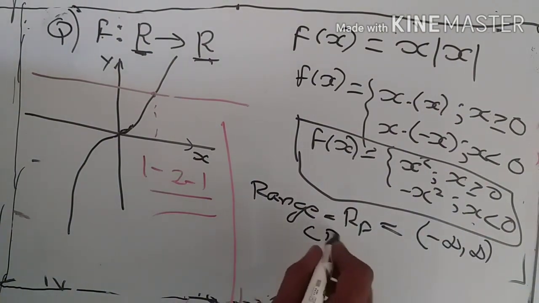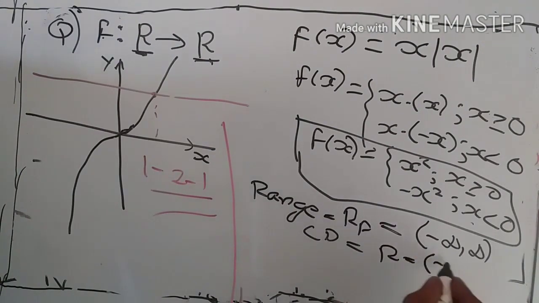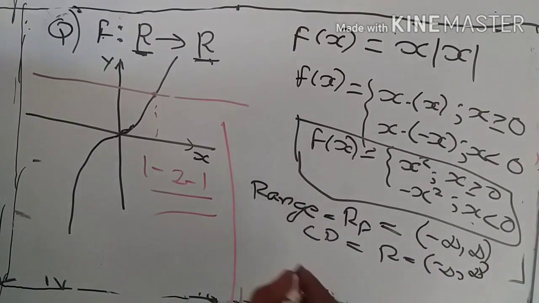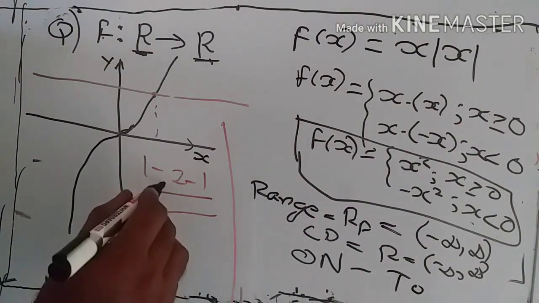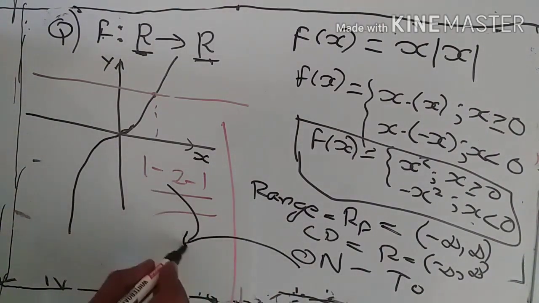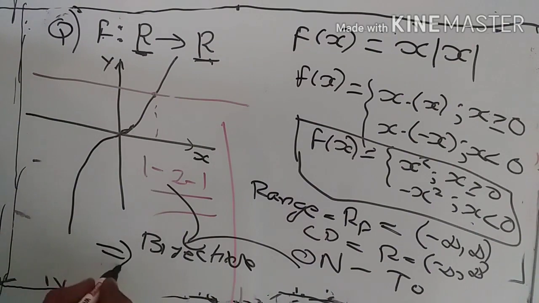The codomain is also R, that is minus infinity to infinity. So the function is both one to one and onto, that is bijective. Bijective implies the function is invertible.